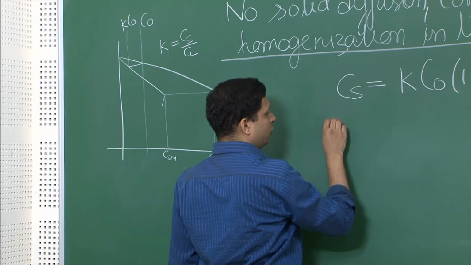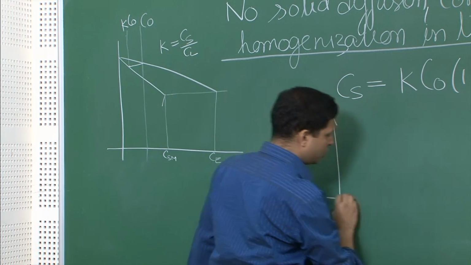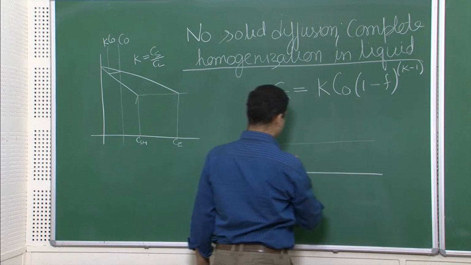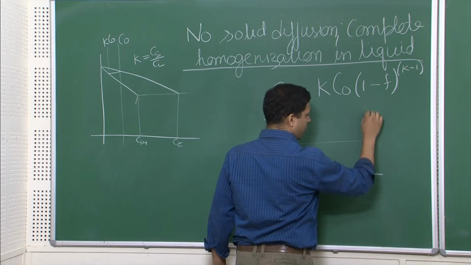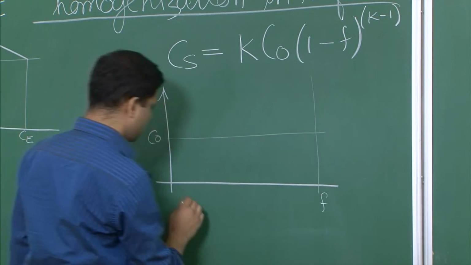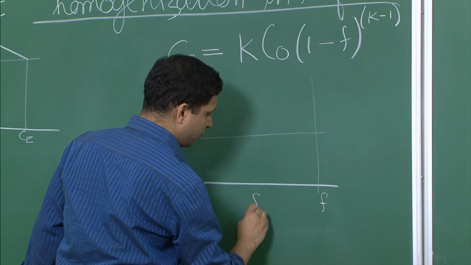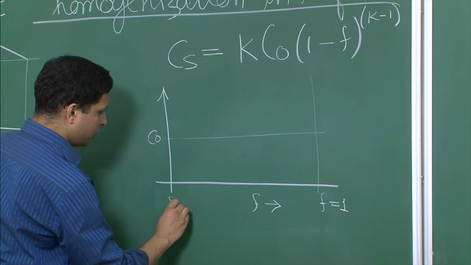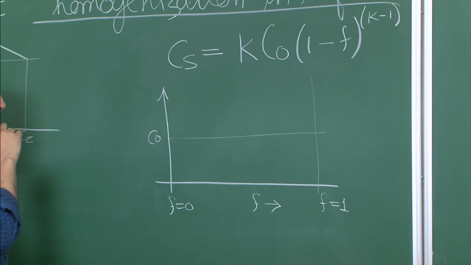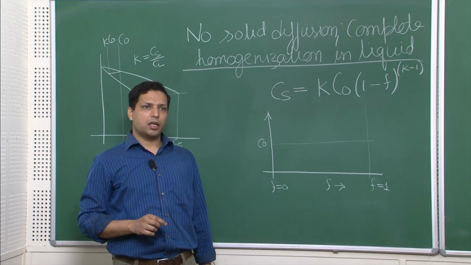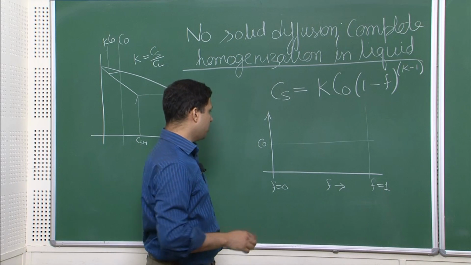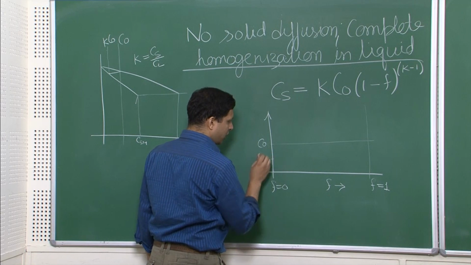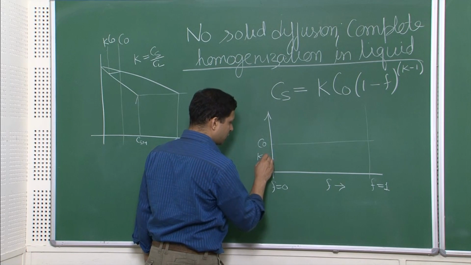So, now if you draw the plot over here like this, let us say this is our C naught, this is our f, and f is equal to 1 over here, f is equal to 0 over here. So, if we want to depict the concentration of solid that is forming, at f equal to 0, what will be the concentration? I guess you must have guessed it, it is K C naught.